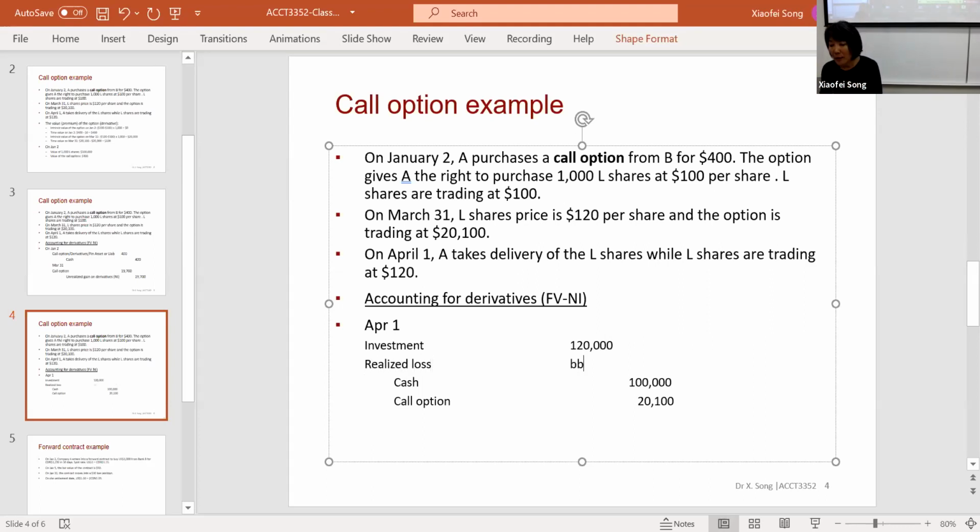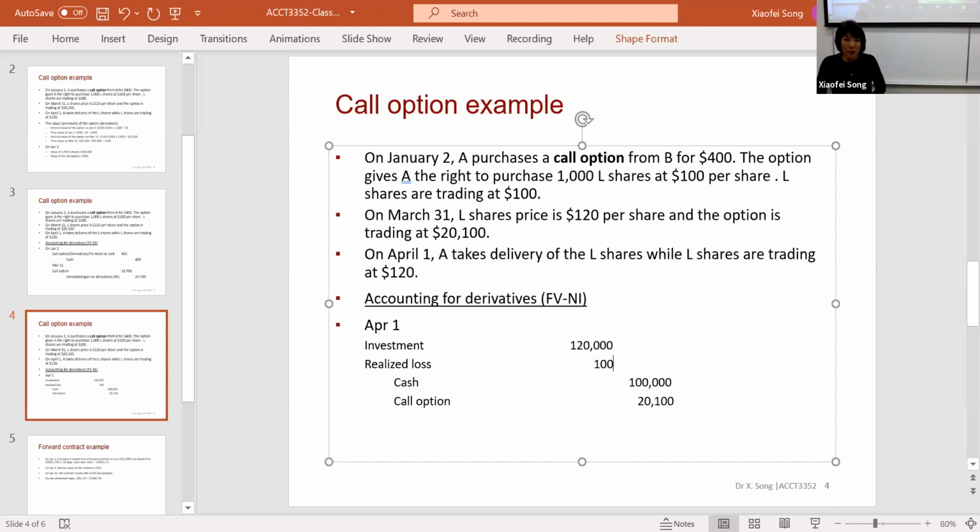So we talk about it, what it represents is the time value that it still has. And by exercising it now, A gives up the time value of it.